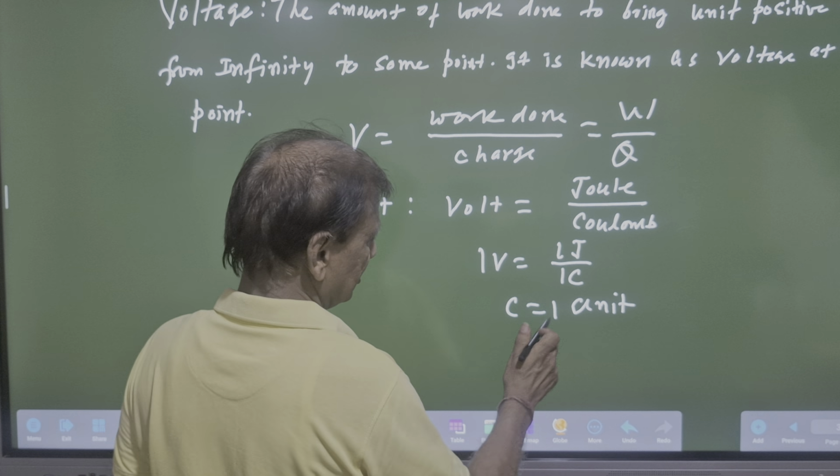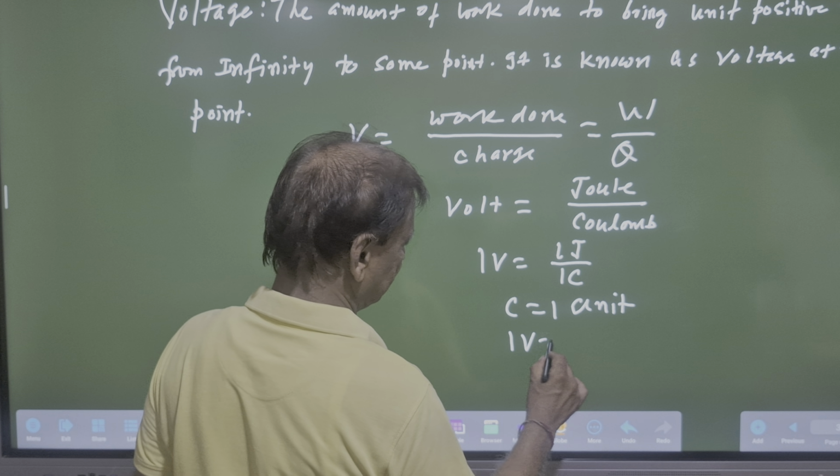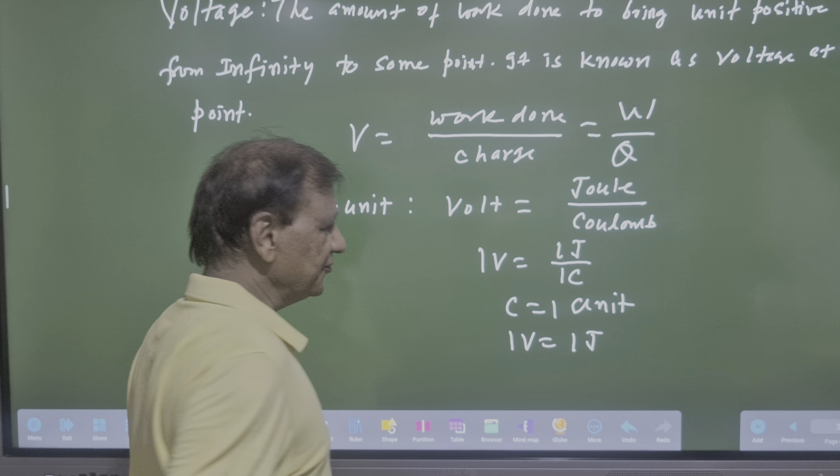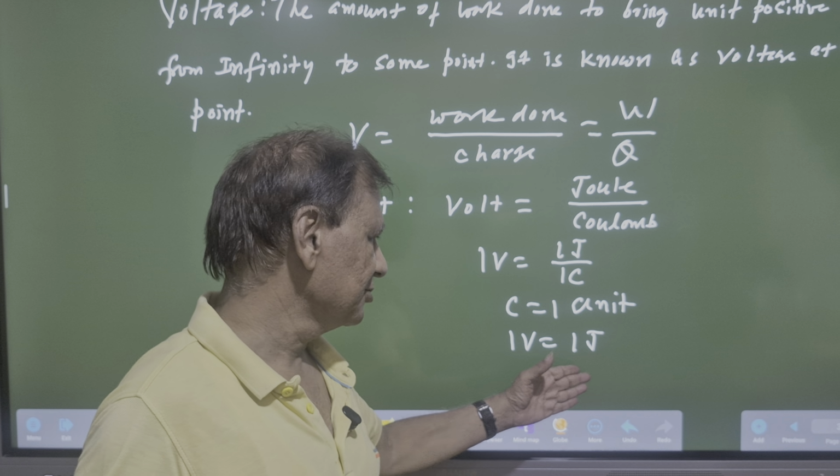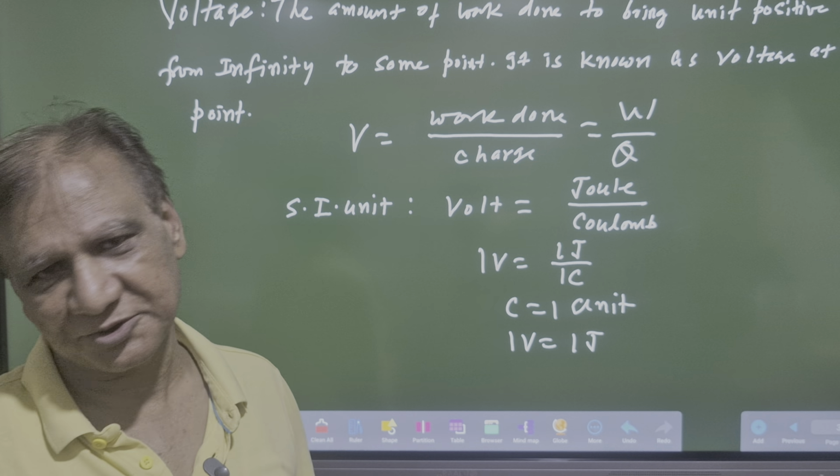So if Q equal to 1, then 1 volt equal to 1 joule. So if the charge is 1 unit, then whatever work we do will be equal to the voltage.